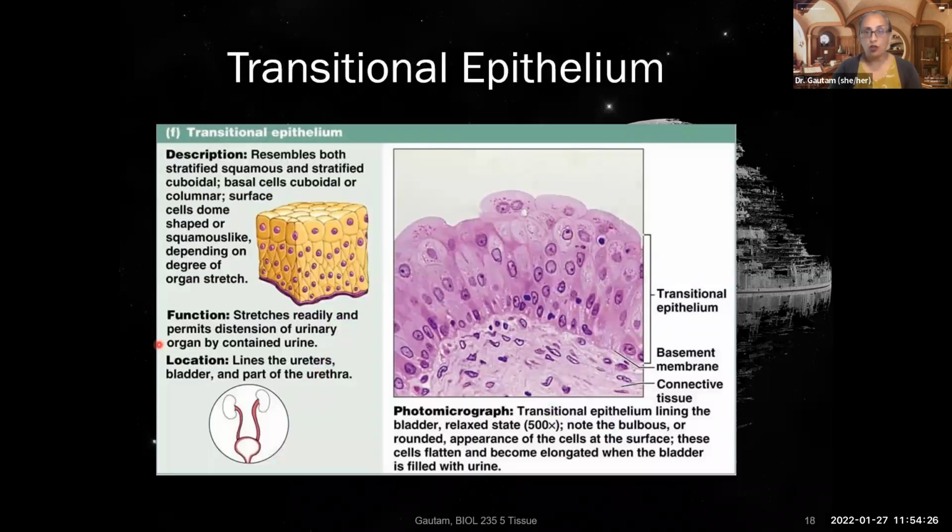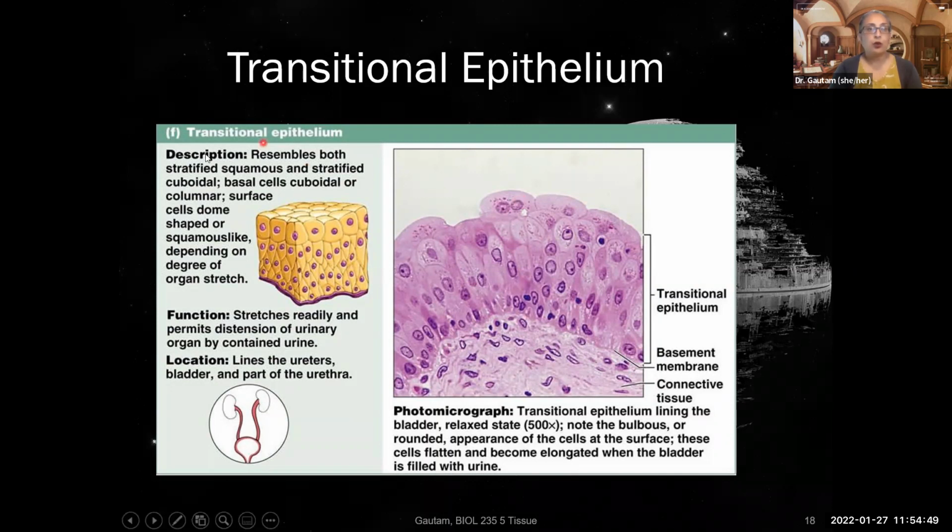And then you have transitional epithelium. Transitional epithelium is called transitional because the cells change shape from the basement membrane to the top layer. So number one, transitional epithelial cells are stratified, and the shape of the cells changes as you get towards the lumen.